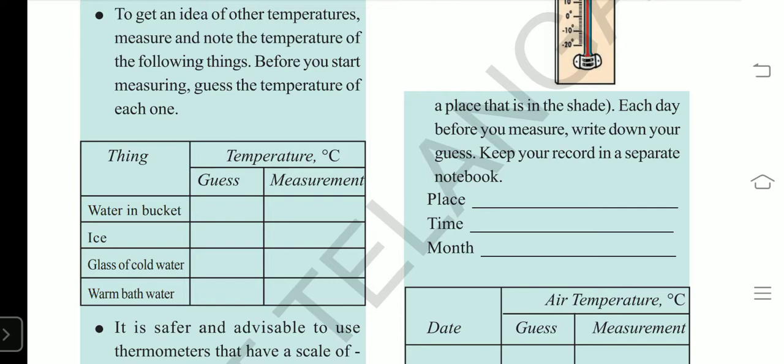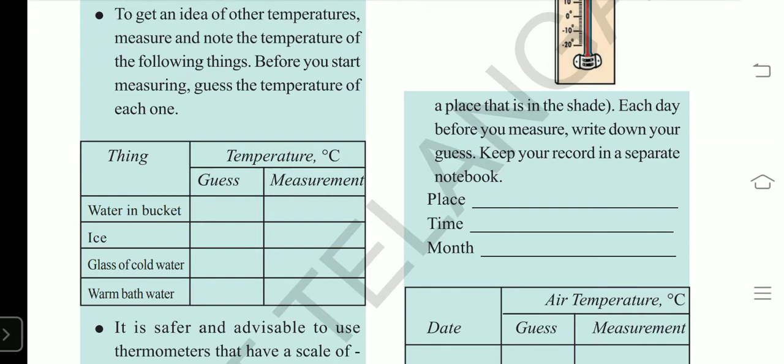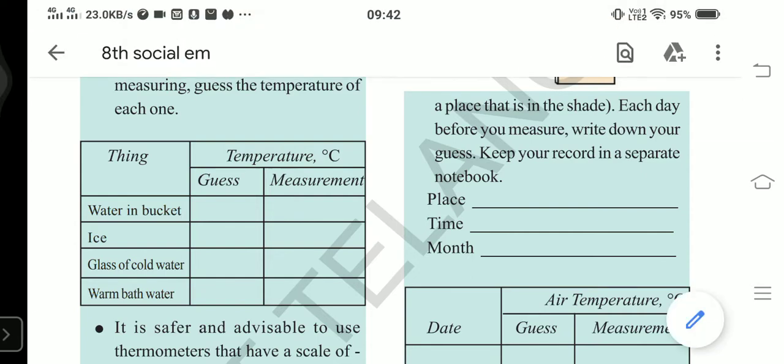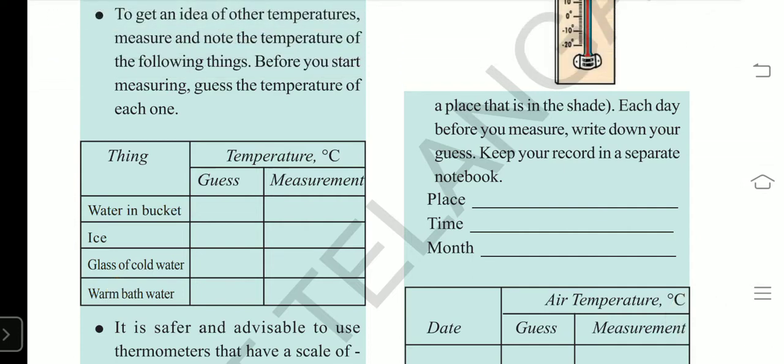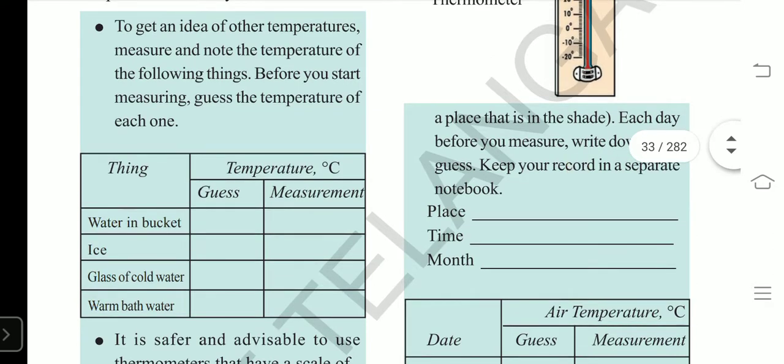water in a bucket, then ice, then a glass of cold water and warm bath water will be different, right? It is known to you all. So for this, there is one practical you have to do.